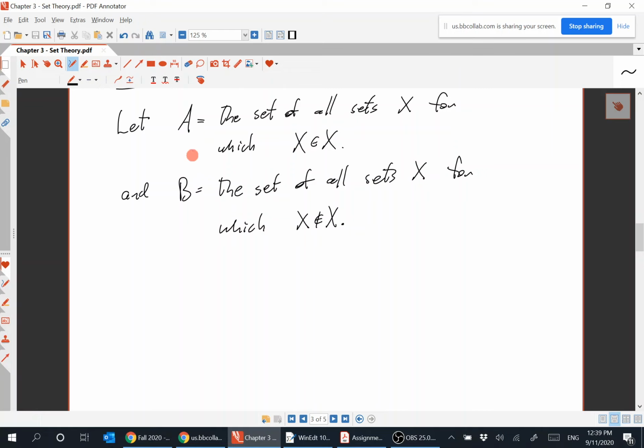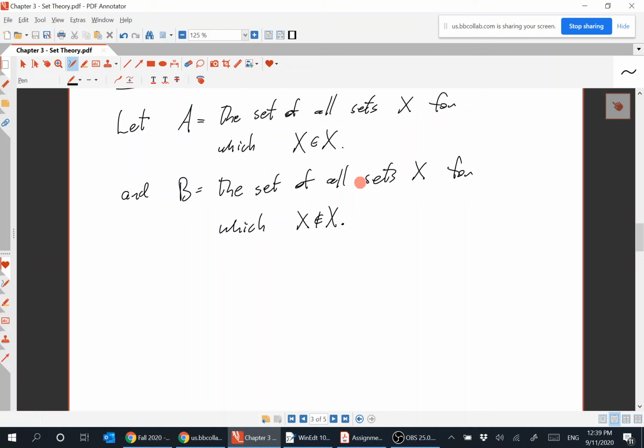A and B are sets. A is the set of all sets which are elements of themselves. B is the set of all sets that are not elements of themselves. So we ask, is A in A, or is A not in A? If A is in A, then A is an element of itself. So A should be in A. So that seems okay. It's B, actually, that's the problem.